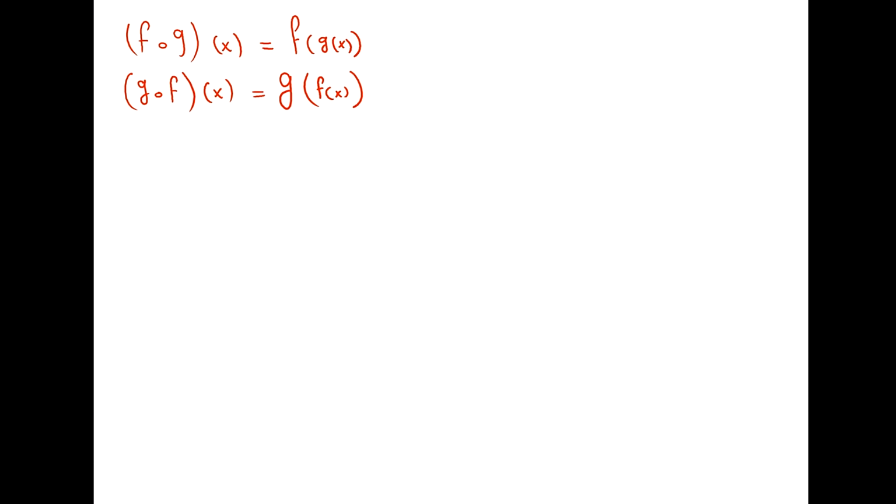Okay, for example, if we have f of x equal 2x squared plus 3 and g of x equal x minus 5, like this.